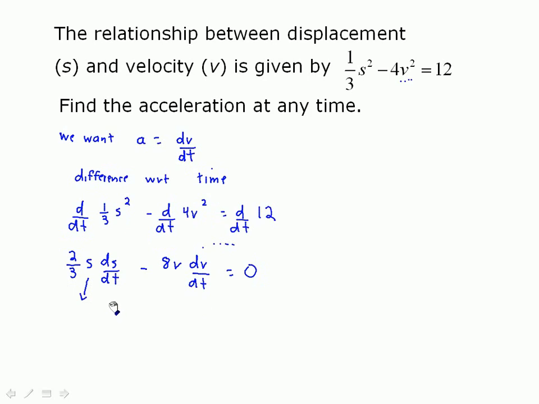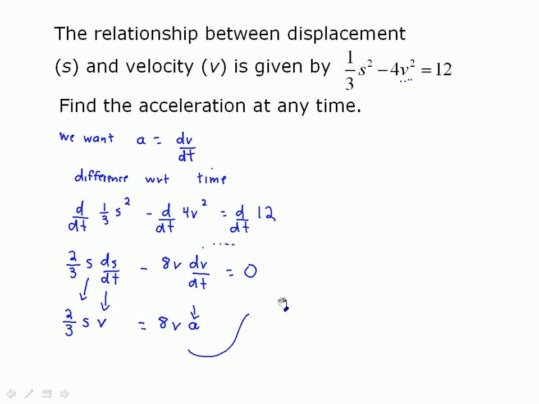There's not much we can do with it. ds dt, however, we can change that. ds dt is equal to velocity. So this function can then be written as 2/3 sv. And then we take this to the other side, and we get 8v. And then dv dt, as was indicated at the top, is really acceleration. And so we just go after that variable.